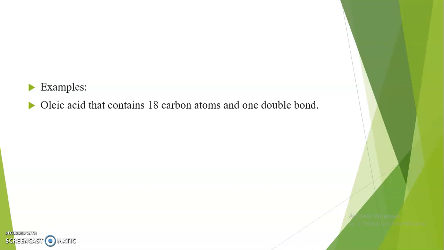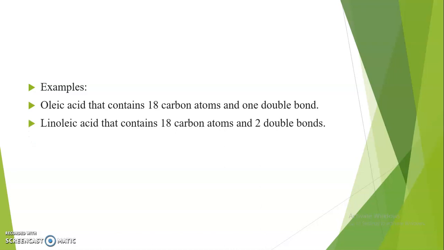As in classification we have discussed, unsaturated fatty acids are either monounsaturated or polyunsaturated fatty acids. Here you can see the example of a monounsaturated fatty acid is oleic acid because it consists of only one double bond. Linoleic acid contains 18 carbon atoms and two double bonds. This is an example of a polyunsaturated fatty acid.